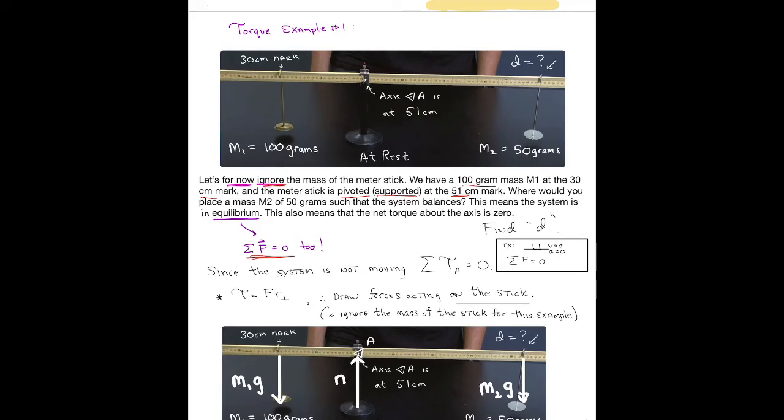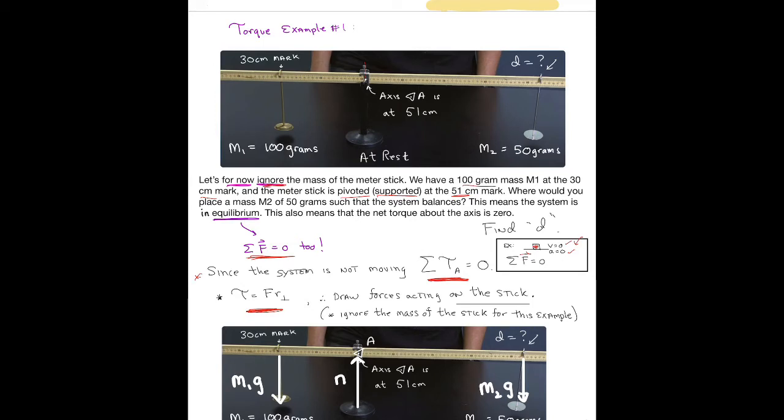Since the system isn't moving, this reminds us of earlier: if you had an object sitting here that's not moving, velocity 0, acceleration 0, that means the net force on it is 0. The system is in static equilibrium. If the system isn't moving, then the net torque about any axis has to be 0. So what we're going to do is write down all the torques.